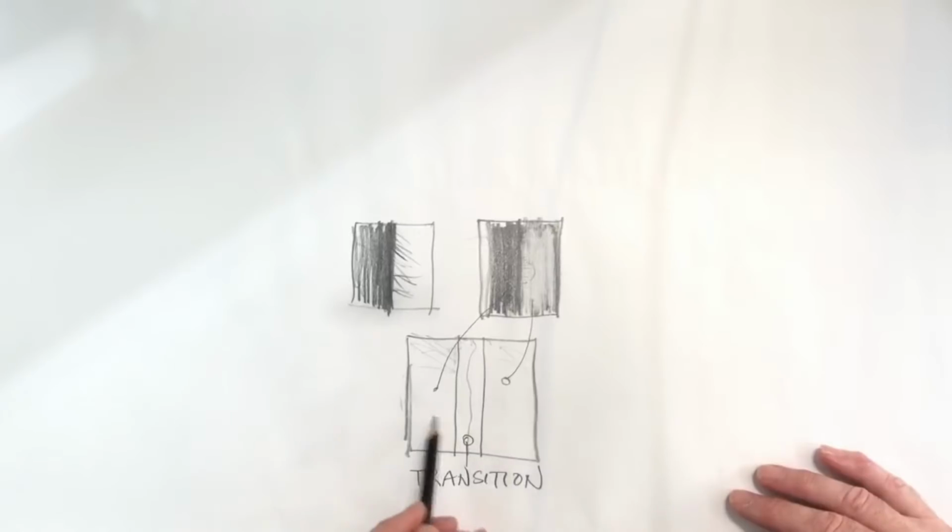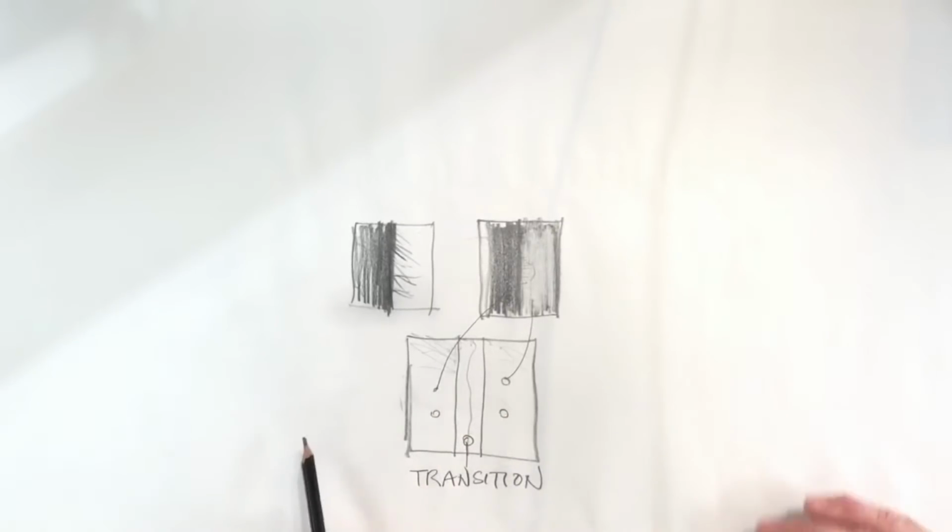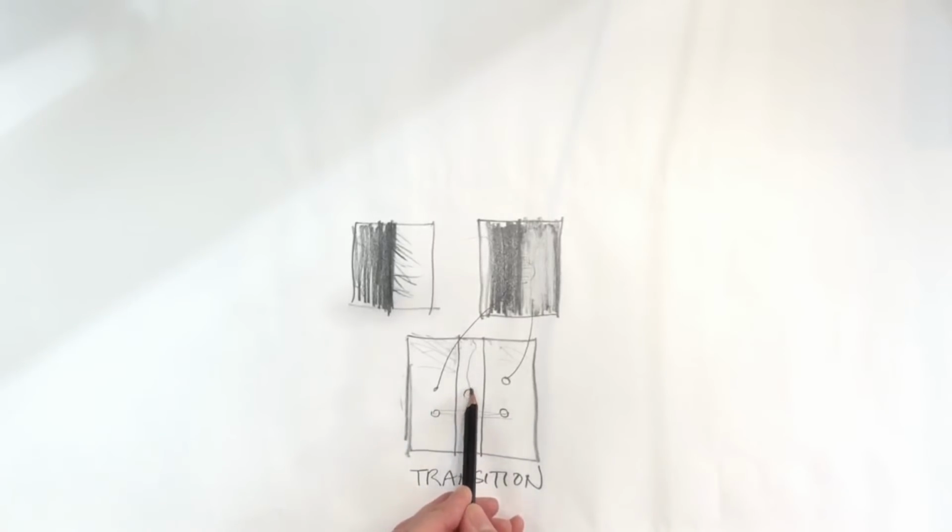That's the color halfway between these two. Now that could be a value shift, a hue shift, or an intensity shift. It's going to be any color that you could possibly mix, because whatever that is, it's halfway between them.